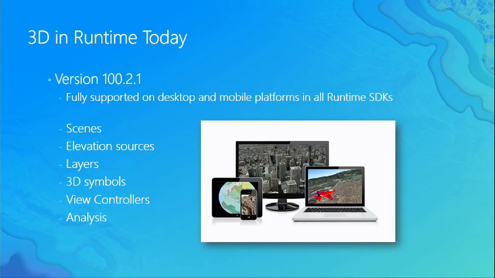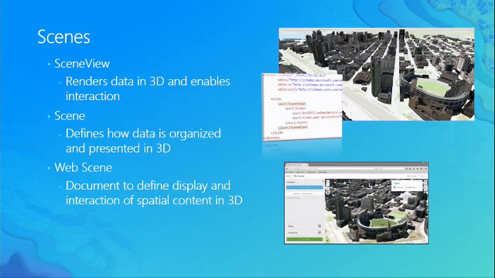So support for scenes, actually the ability to curate and organize 3D content, elevation sources, a variety of different layer types that are specific for use within 3D, Symbology that's designed for 3D display, and then a set of view controllers that enable us to more readily work with our perspective within a view, and then also some analysis capabilities that were added in recently. So we're gonna do a little walkthrough here of some of these capabilities, and then towards the end we'll have a demo here and show some of these capabilities in action.